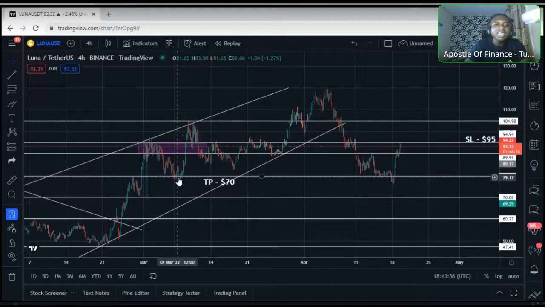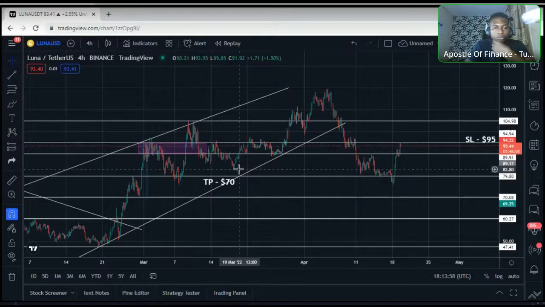That tells us that at this level there is a price footprint. Then price went up to create a higher high, and then came down towards the region where that footprint has been printed, and price went up again.